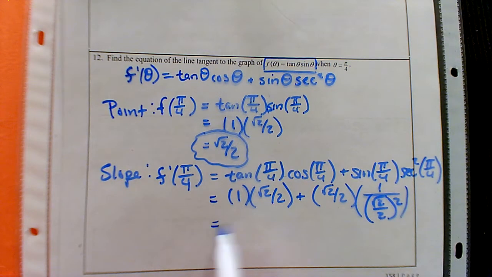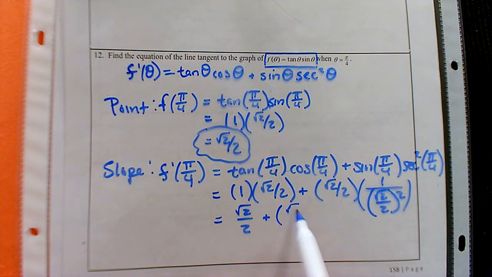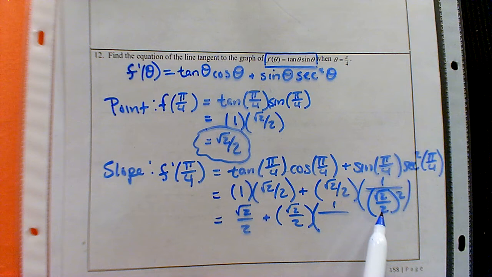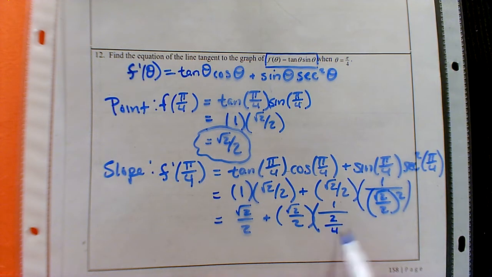All right, so if we clean it up, square root of 2 over 2, squared. If we do each one individually to square it, square root of 2 squared would cancel out the square roots, so we're left with a 2. And then the denominator, 2 squared, would give us 4.